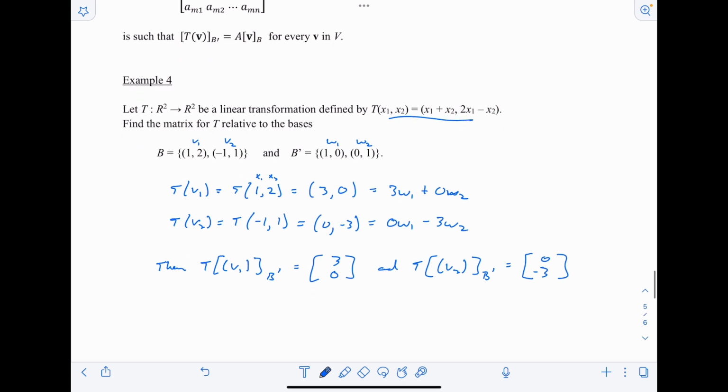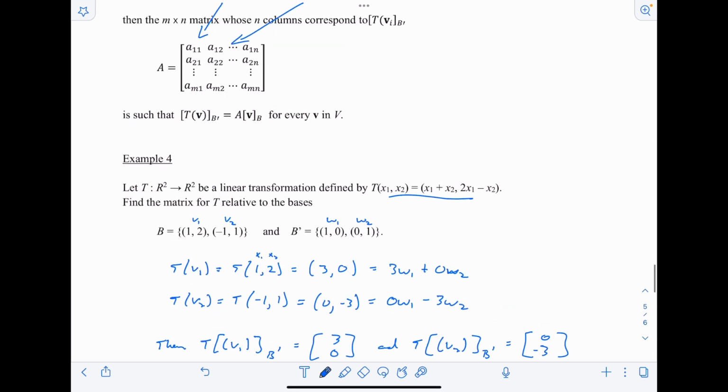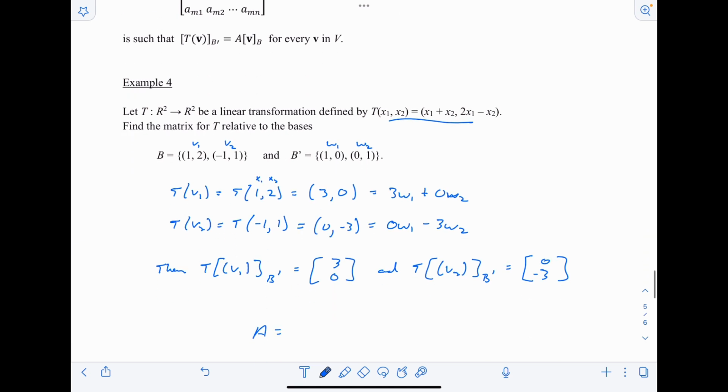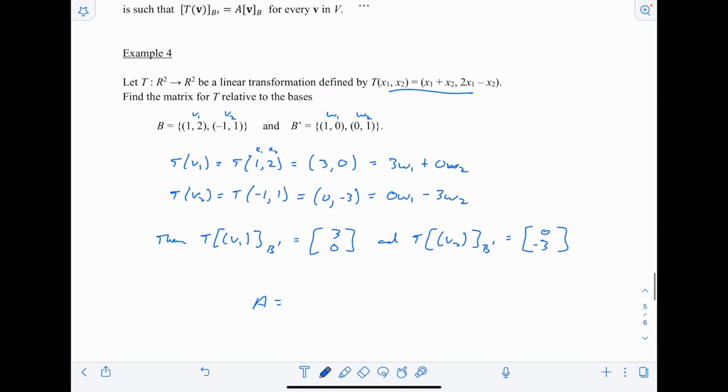So then finally A is just, again, from our definition, those column vectors joined together, those column matrices joined together. So 3, 0, and 0, negative 3. So that is our matrix for T relative to the bases.